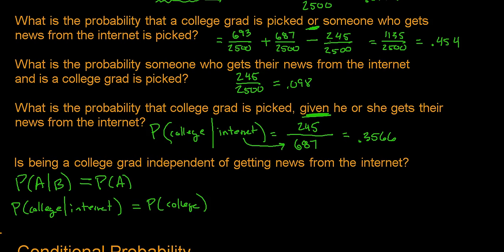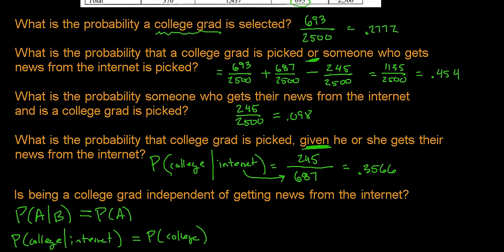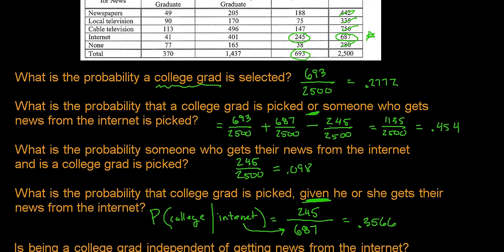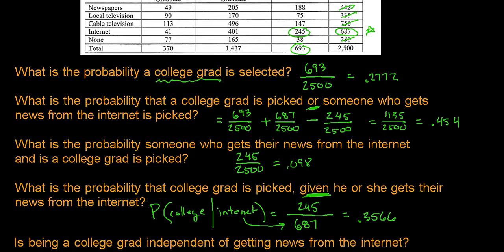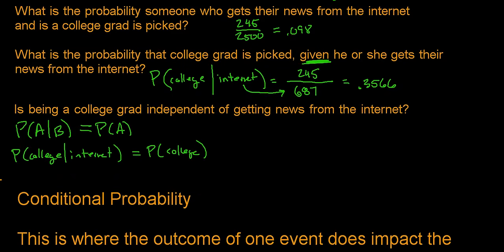That was actually the very first question we answered. Being a college graduate, 693 college graduates out of 2,500, 0.2772. So I'm just going to fill that in right there. That means there's a 27% chance I get somebody who's a college graduate. Now, what's the probability I get a college graduate given you get your news from the internet? Well, I already found that as well. That was 0.3566.